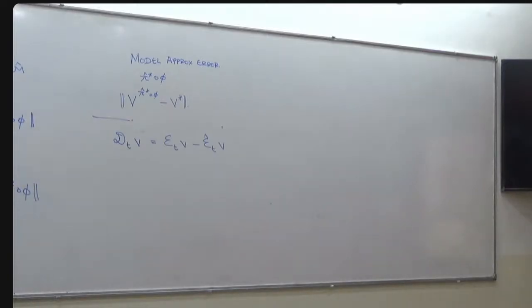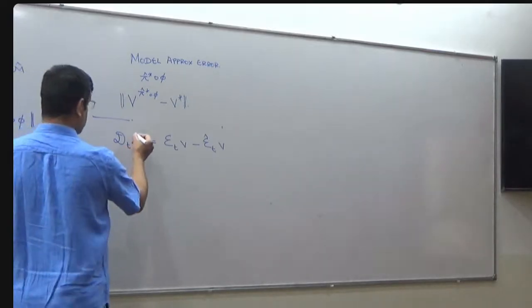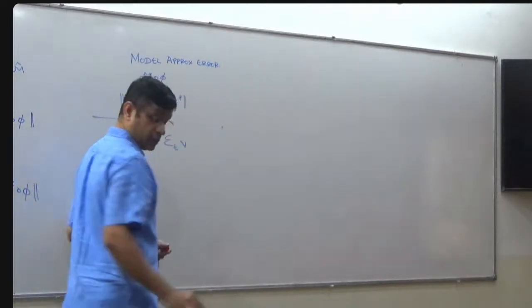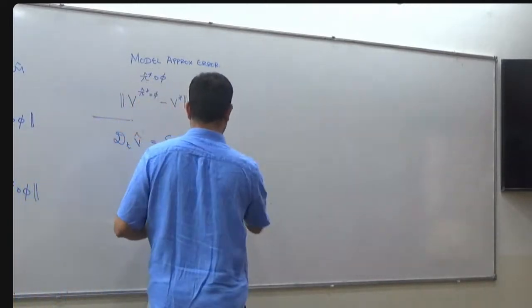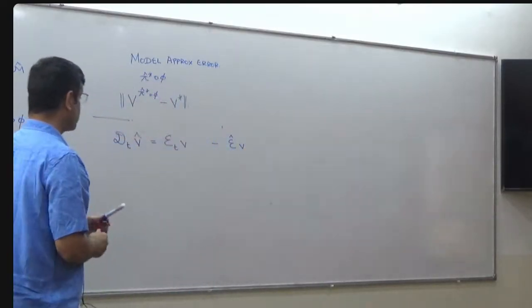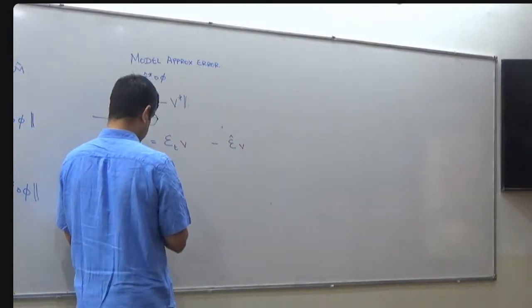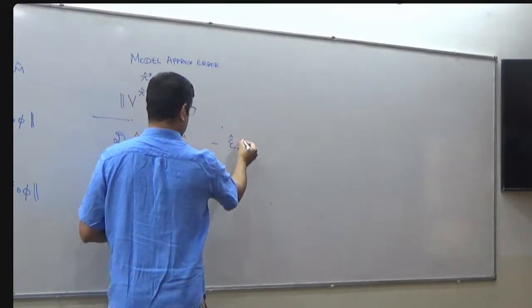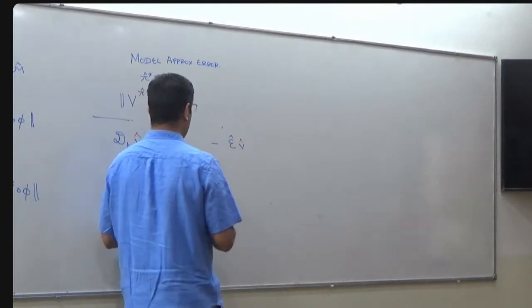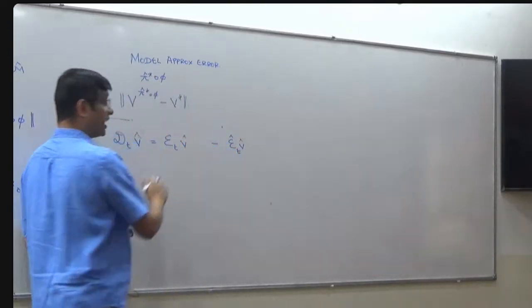So the way I'm going to pose this question is to ask about what to do with value functions in the hat model. So this has to be a value function in the hat model. Let me write it with some space so that we can add things later on. If this is a value function in the hat model, this will have to be the hat. I can apply the hat dynamics operator on the hat model, but I can't apply this one in the hat model.